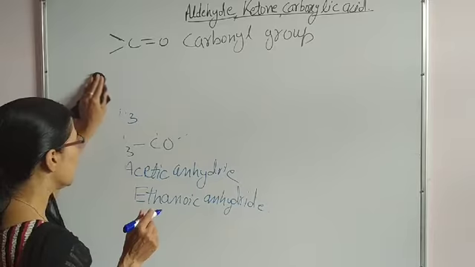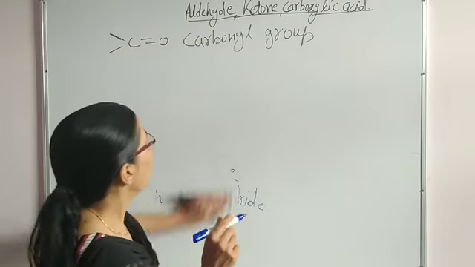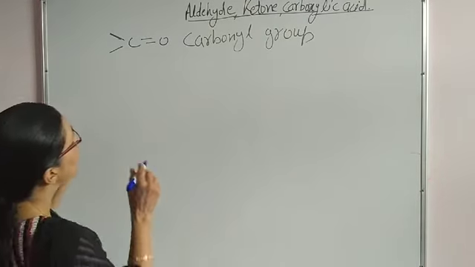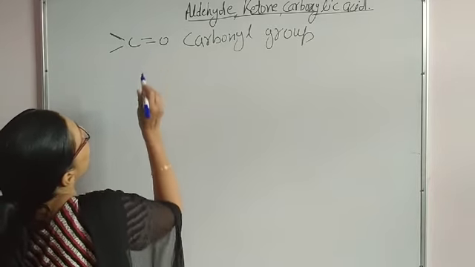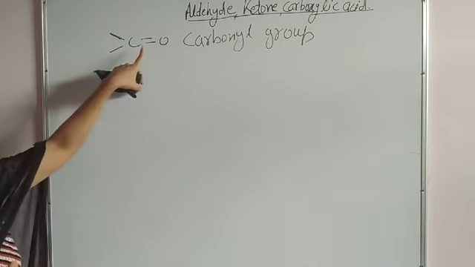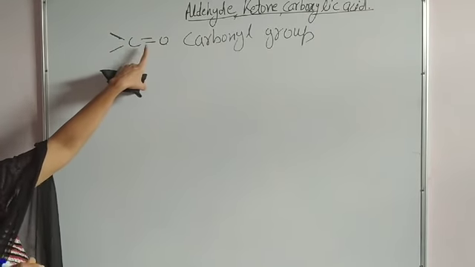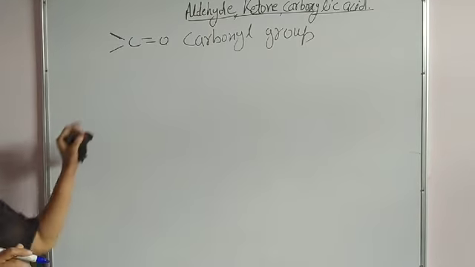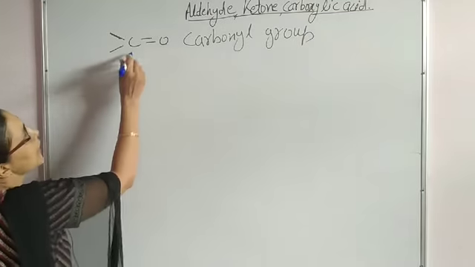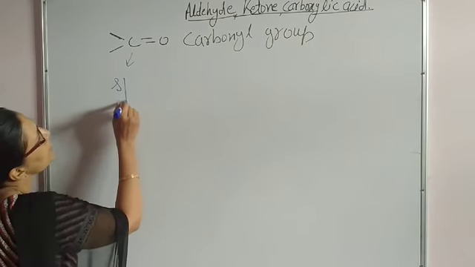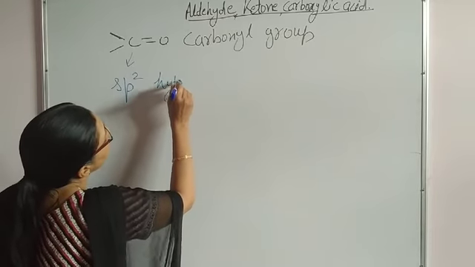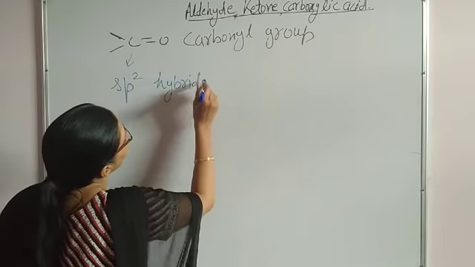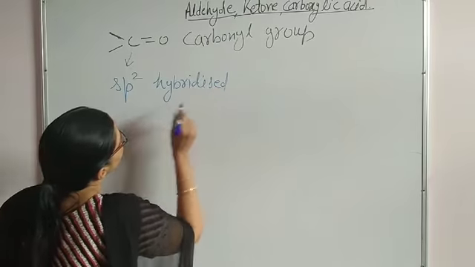Now let us continue with the nature of the carbonyl group. As you know, in carbon double bond with oxygen, the double bonded carbon atom is always sp2 hybridized.